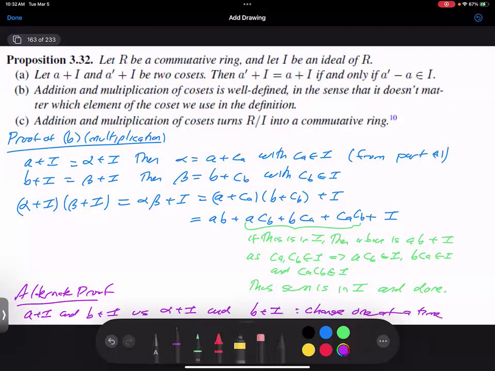So as an aside, rather than changing both of them, we could just change the first factor to an equivalent coset and show that that's the same, and then change the second factor and do it in stages. And then that would make the calculation a little bit simpler. There's no need to do that, but it's not bad to just quickly remark that.